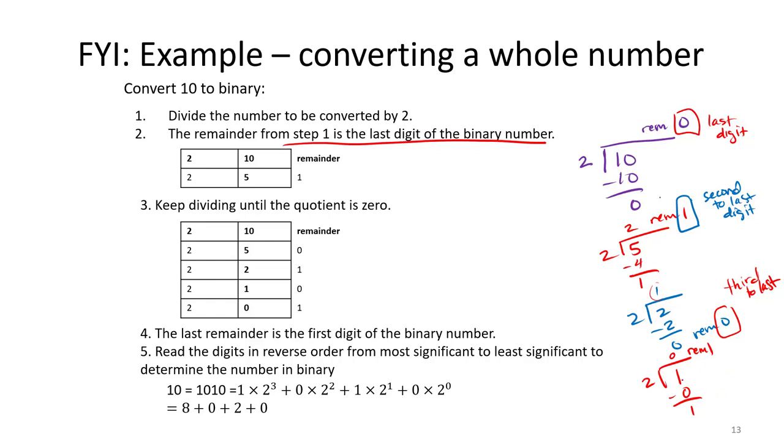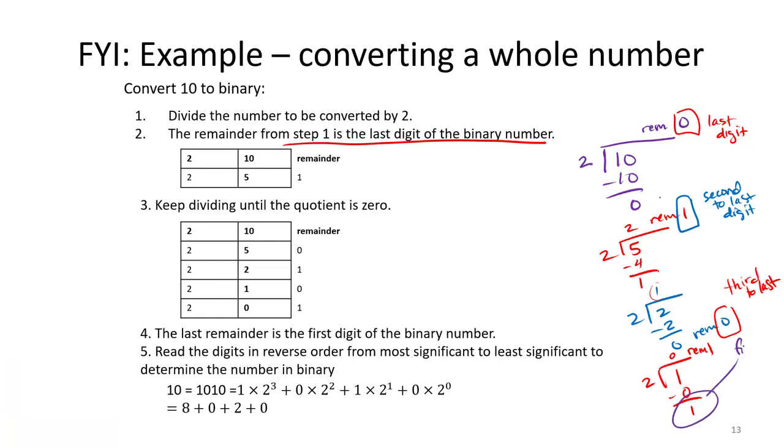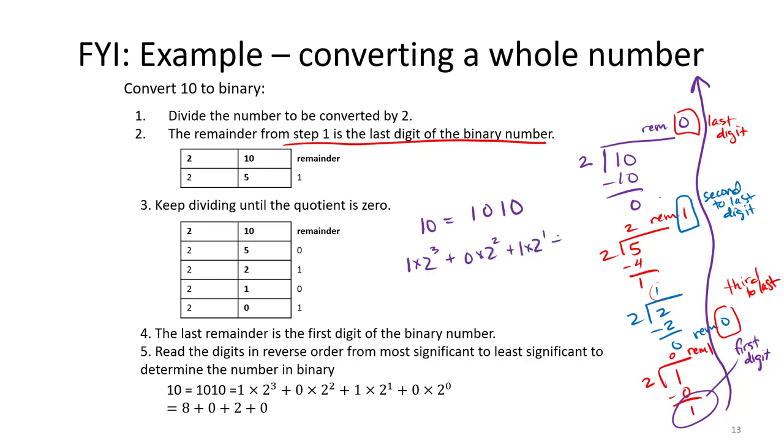So therefore, my very first digit will be 1. So now I read backwards, and I determine 10 is equal to 1, 0, 1, 0. It's 1 times 2 to the third, plus 0 times 2 to the second, plus 1 times 2 to the first, plus 0 times 2 to the 0, which gives us 8 plus 0 plus 2 plus 0, or 10.